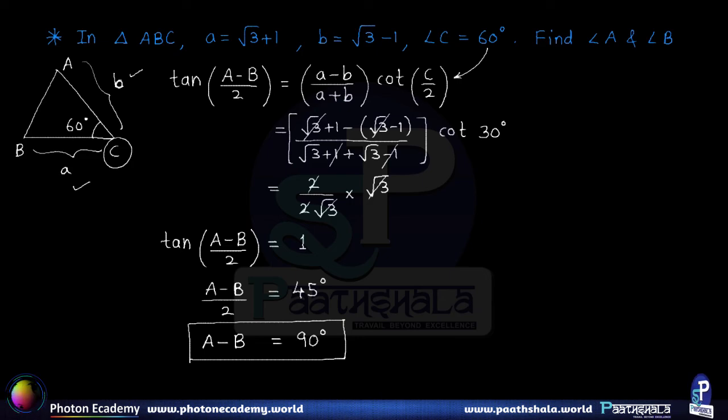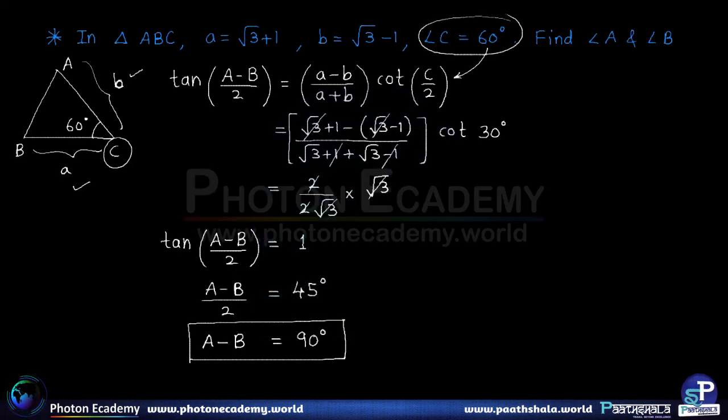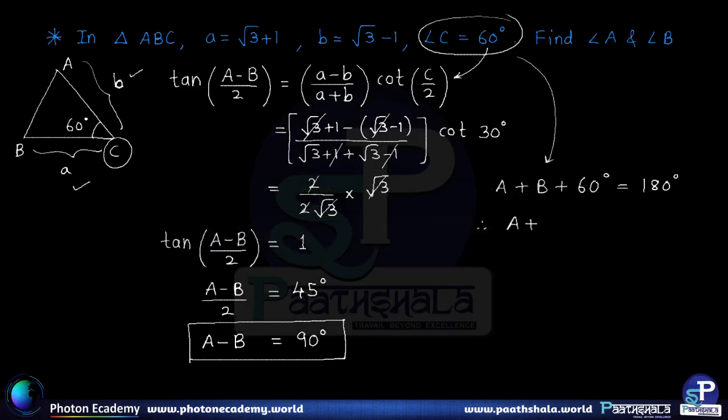So we have the difference of the two angles A and B equal to 90 degrees. Now if we look back at the data, we are given the value of angle C, right? So A plus B plus C, which is 60 degrees, has to be equal to 180 degrees. Therefore A plus B is equal to 120 degrees.